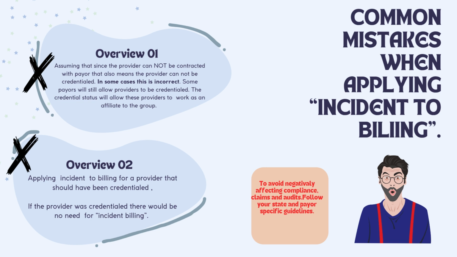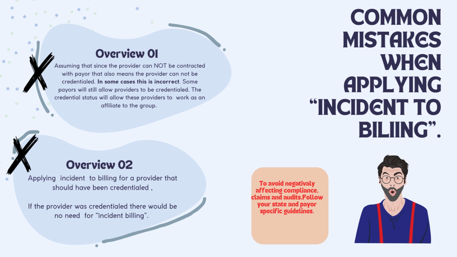Be sure to avoid these common mistakes and roadblocks. Follow your state and payer guidelines. Assuming that since the provider cannot be contracted with a payer, that also means that the provider cannot be credentialed.